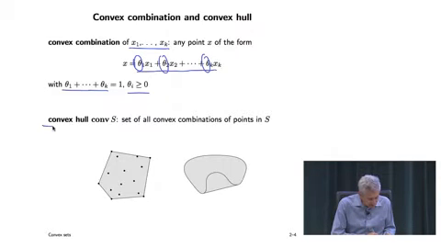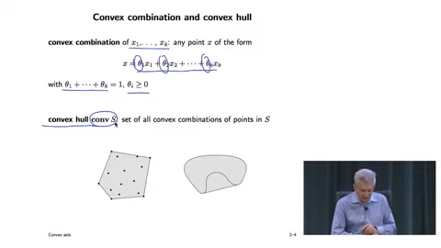Now, the convex hull, and that's denoted conv of a set. That is the set of all convex combinations of points in a set. So if the original set were this finite set, these dark points, then the convex hull of it is this shaded region here. For example, if you take a point here, that might be a convex combination of 2 of them.